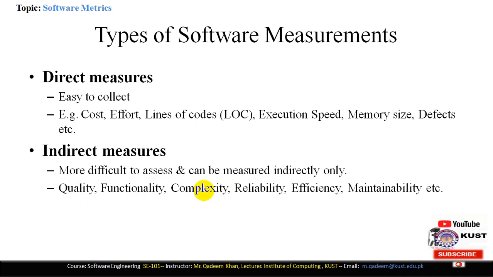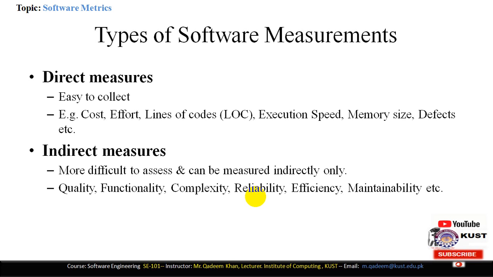Then we have the complexity of the products, how complex the software is, and also how complex the graphical user interface is. Reliability of the software means that the software is kept safe from unwanted users, or it is safe from the threats that may be encountered while using it.